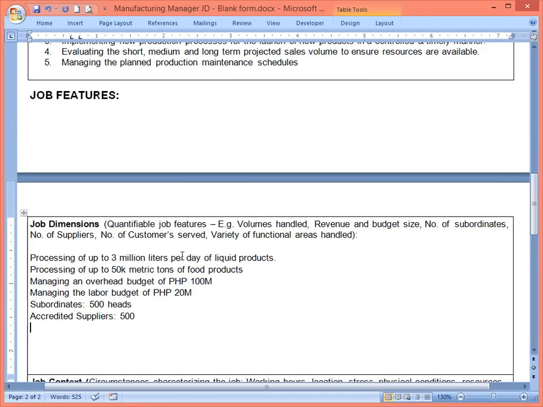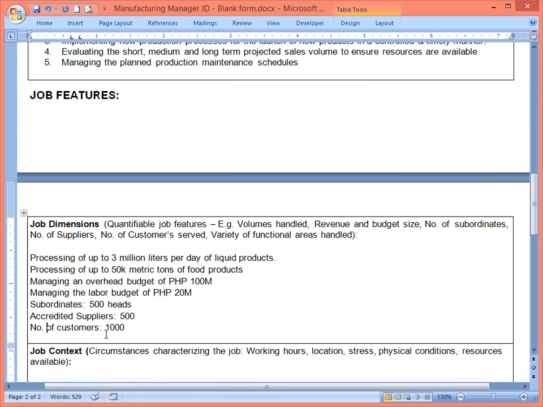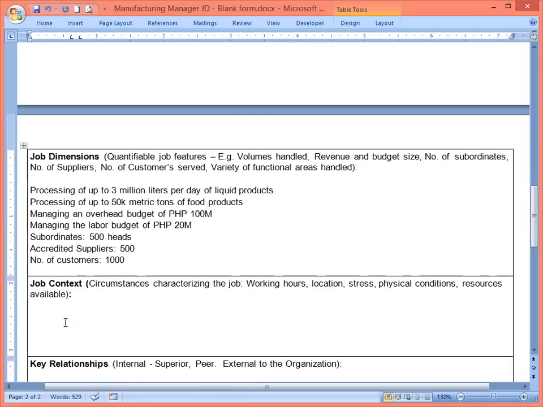Number of customers, let's say 1,000. I think we have already satisfied the question of how much is our volume, how much is our budget, and how many in terms of headcount, suppliers, and customers. Then let's go to the job context.